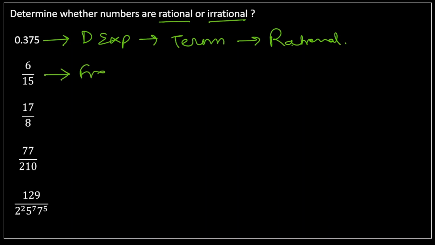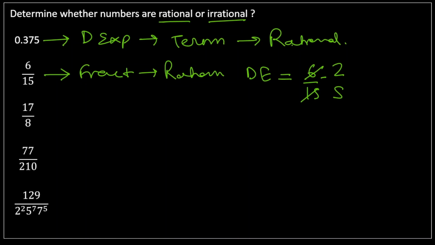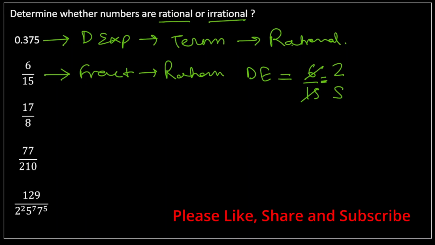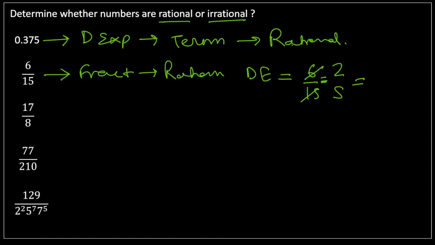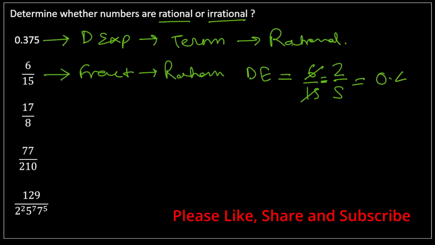Since it is already a fraction, we can say it is a rational number. Let us write the decimal expansion of it. That will be 6 upon 15. We can reduce it by 3: 3 twos are 6, 3 fives are 15. So this is 2 upon 5. And if we calculate it, it is going to come 0.4. So it is terminating.